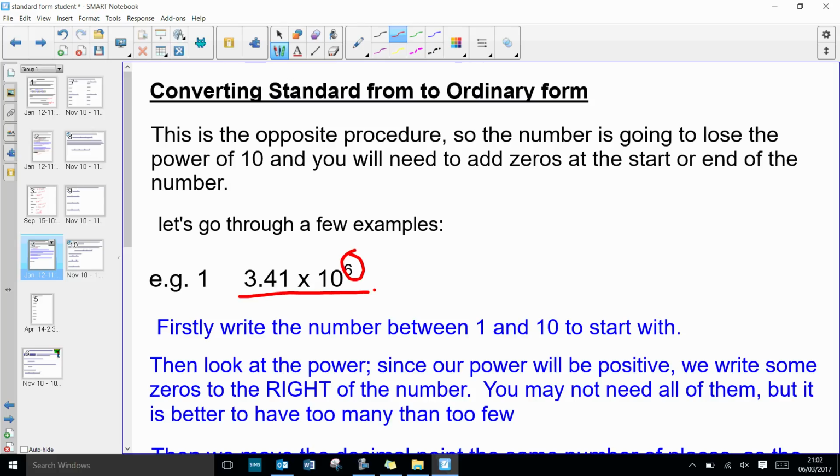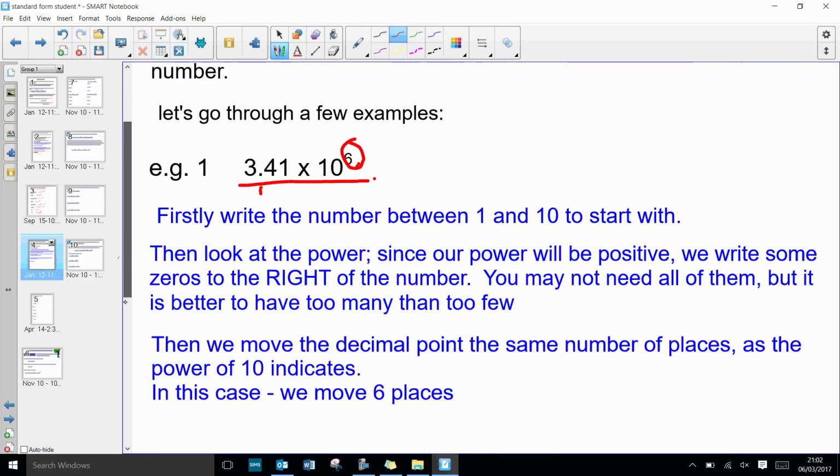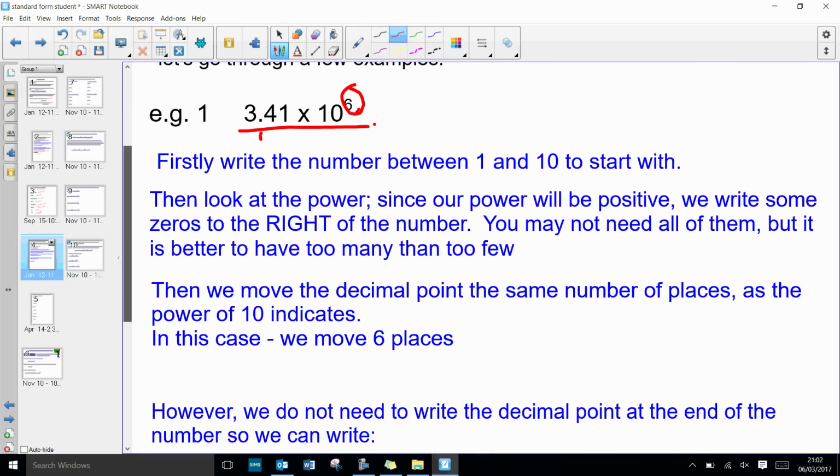Okay, so it's going to be a big number. When we're multiplying by 10 to a power, the power is going to tell us how many places to move our decimal point.